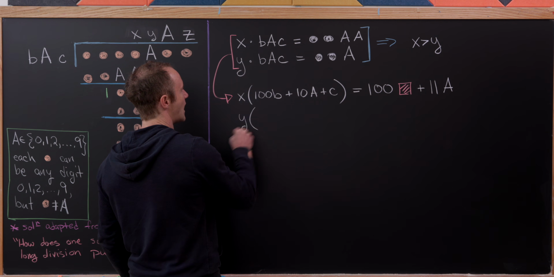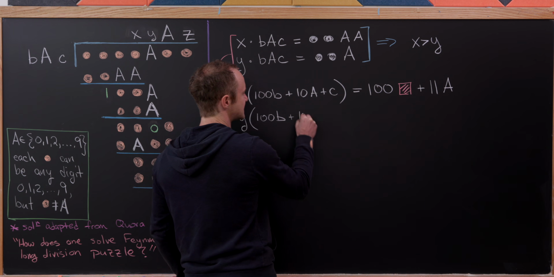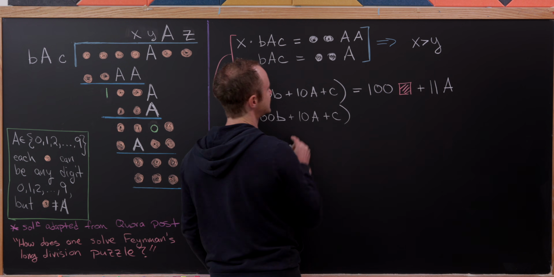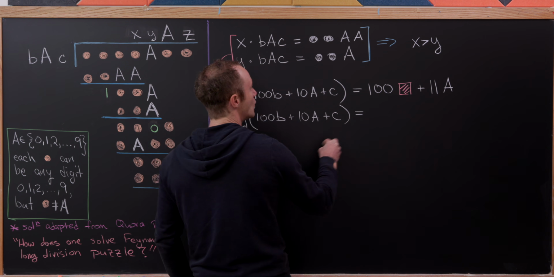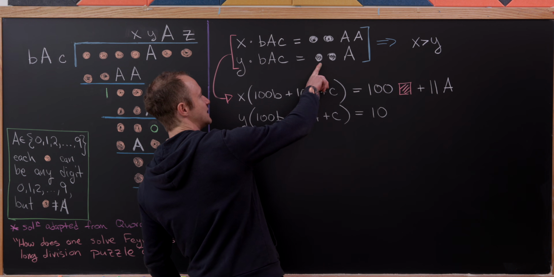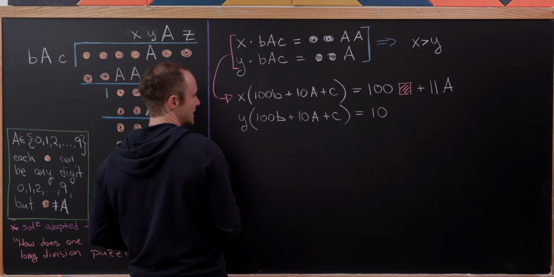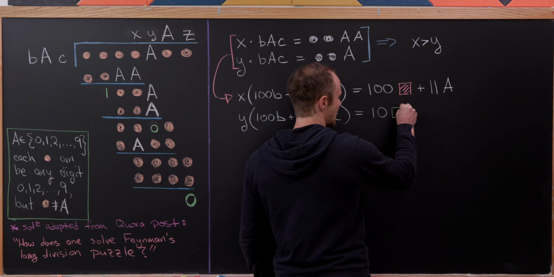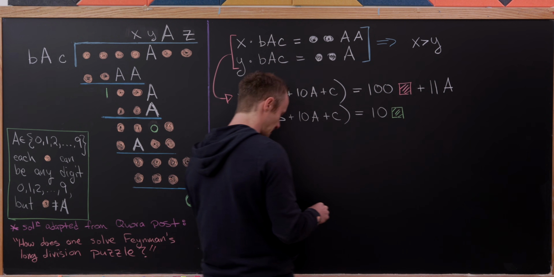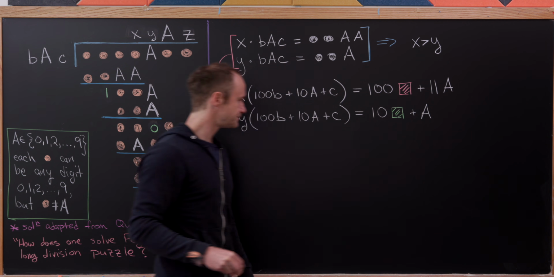So here we'll have y times, well, it's again going to be 100b plus 10a plus c equals, well, now it'll be 10 times something, because notice we need to eat up the second digit, the tens place, and the hundreds place. So I'll use 10 times some green box, which is unknown, plus our number a.